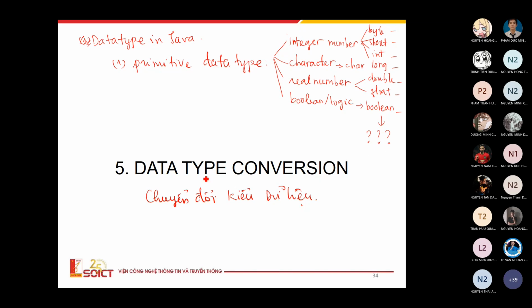We use the data type to define what in the memory? For the data type, we use data type to decide the... oh, come on. Trịnh Tiến Dũng.